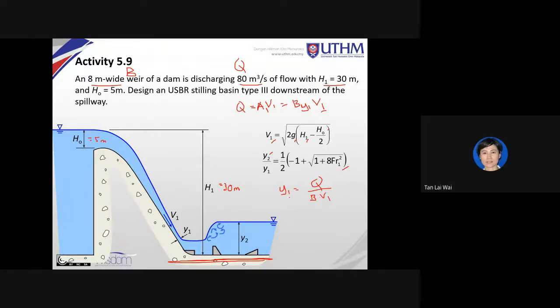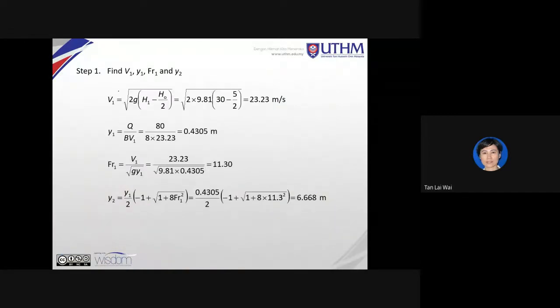Once you solve for Y1, okay, you can find Froude number, which is V1 over square root g Y1. Now, once you have solved for Froude number, you can solve for Y2. Then the rest you can solve for, you can design the Stirling Basin type 3 already.